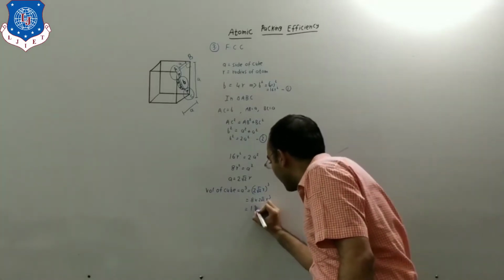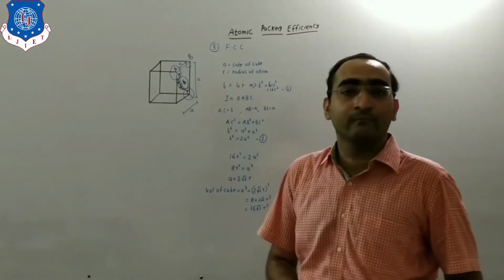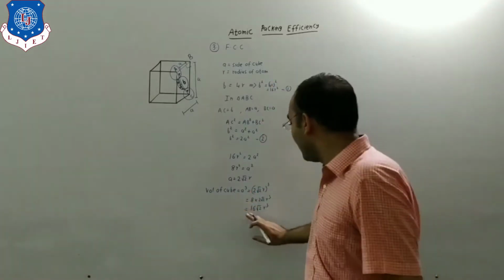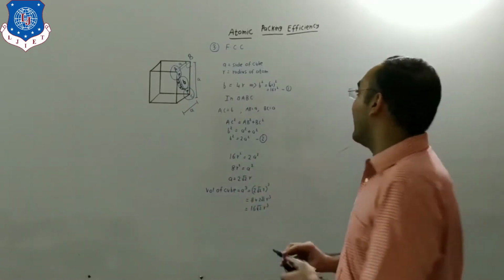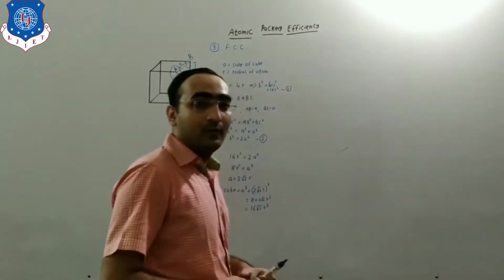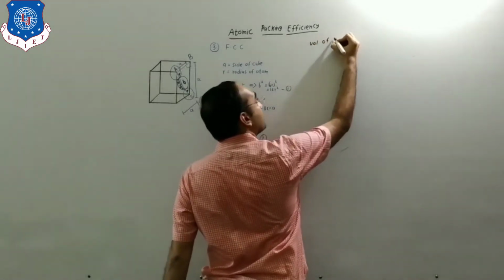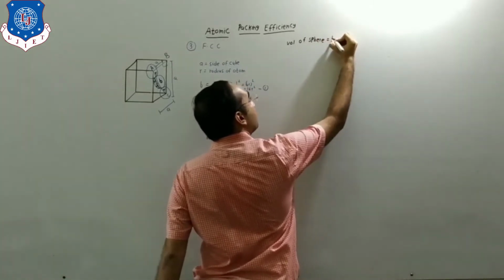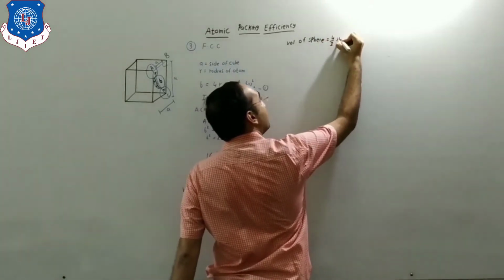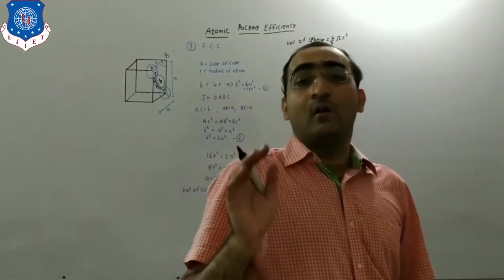So it becomes 16 root 2 R cube. The volume of the cube is 16 root 2 R cube. Next, the volume of a sphere is equal to 4 by 3 pi R cube. We are taking the atom as a sphere.